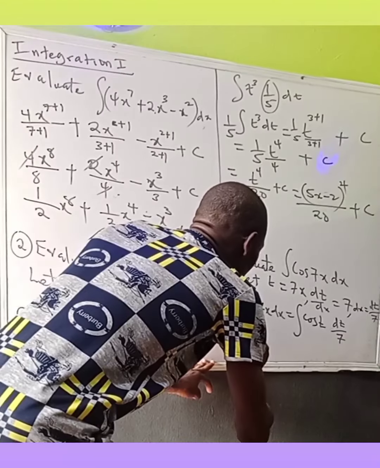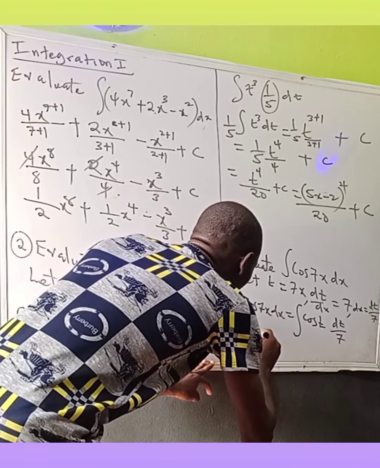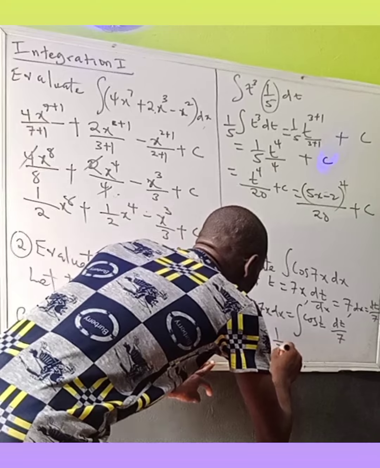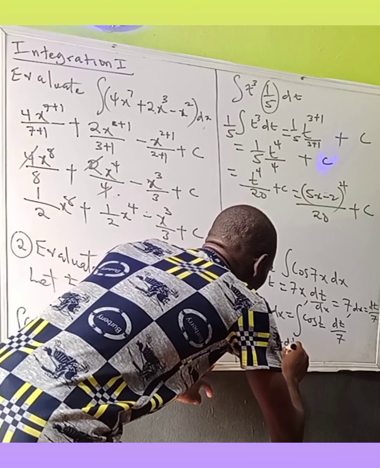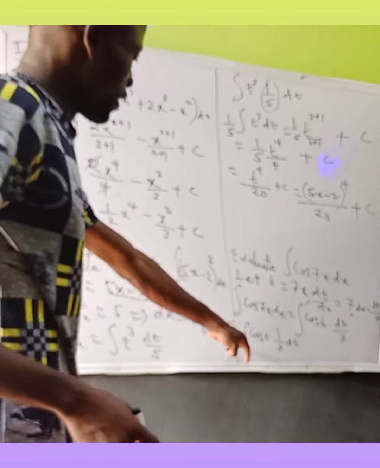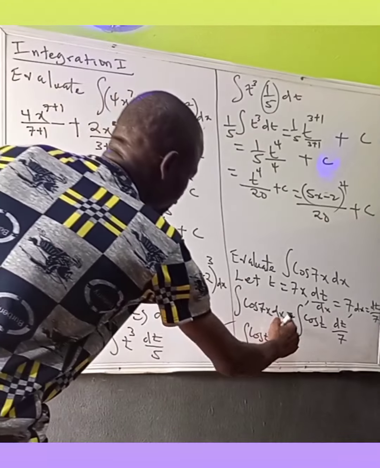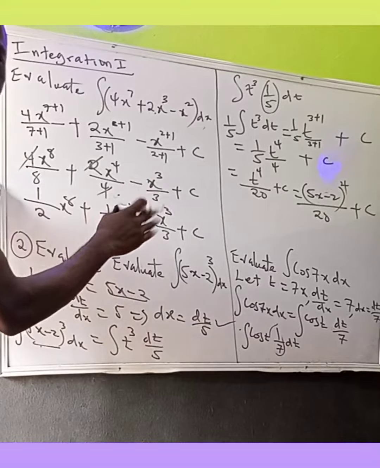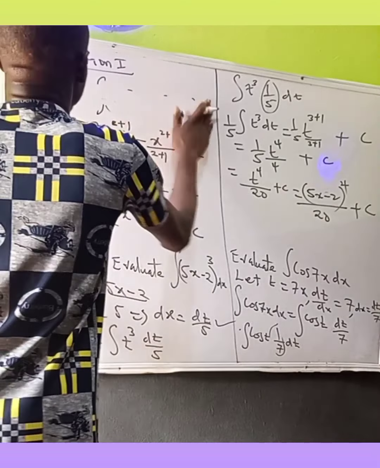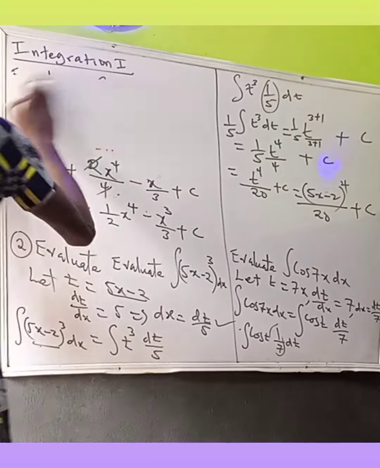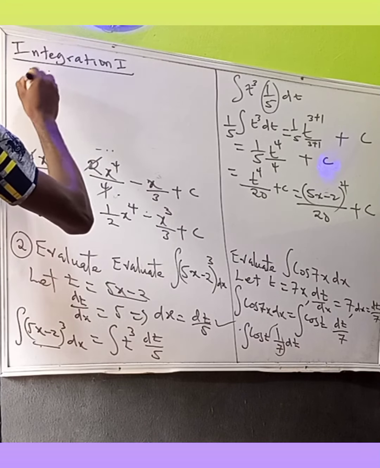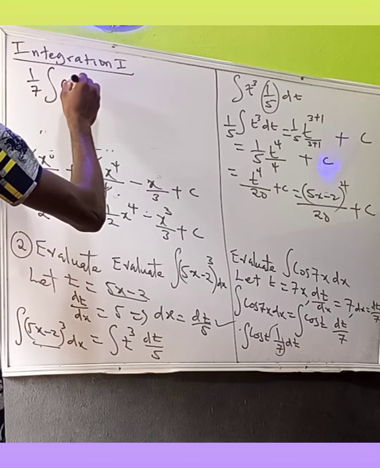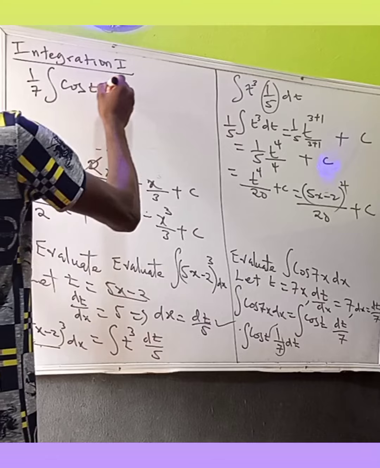We are going to have the integral of cos t times 1 over 7 dt. This 1 over 7 will be used to multiply that integral. Pause this and watch it over again. So we are going to have 1 over 7 integral of cos t dt.